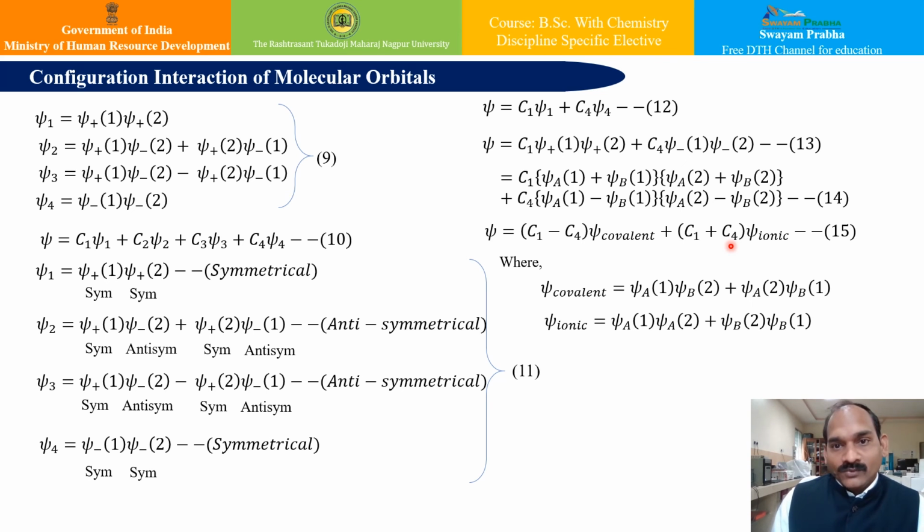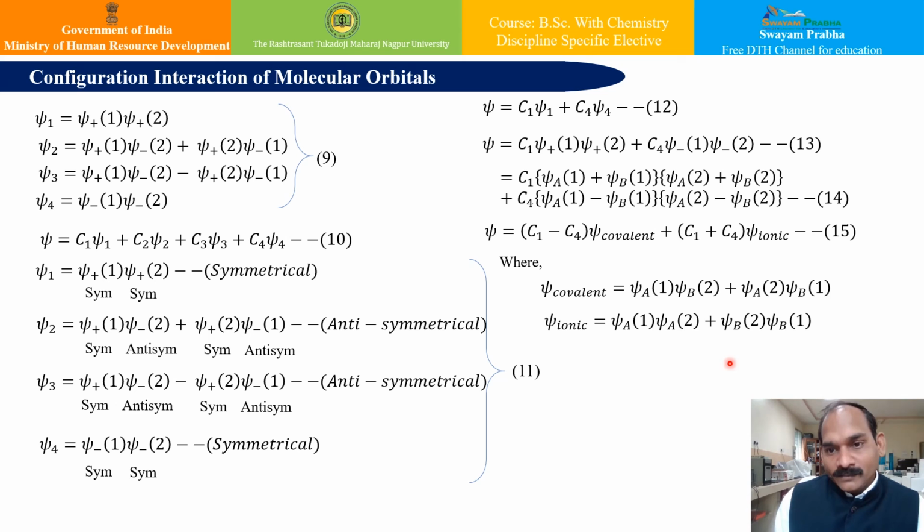That is, in one of the refined molecular orbitals, the contribution of covalent structure will be larger than that of the ionic structure, and it will be more stable than the stable configuration of Psi1. In the second refined molecular orbital, the contribution of ionic structure will become more and it becomes less stable than the already less stable configuration of Psi4.